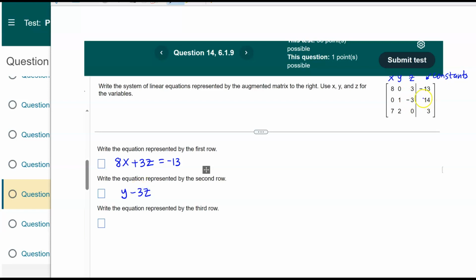The constant is 14. And the last equation will be 7x, 2y, so plus 2y, plus 0z, no need to write 0z, that's equal to 3. These are the equations represented by the first row, the second row, and the third row.